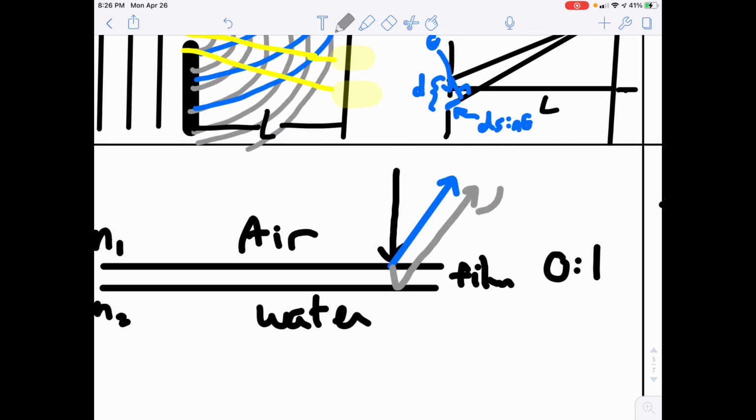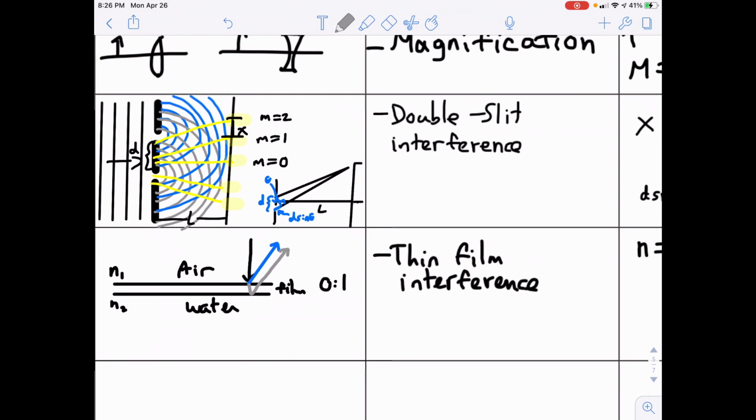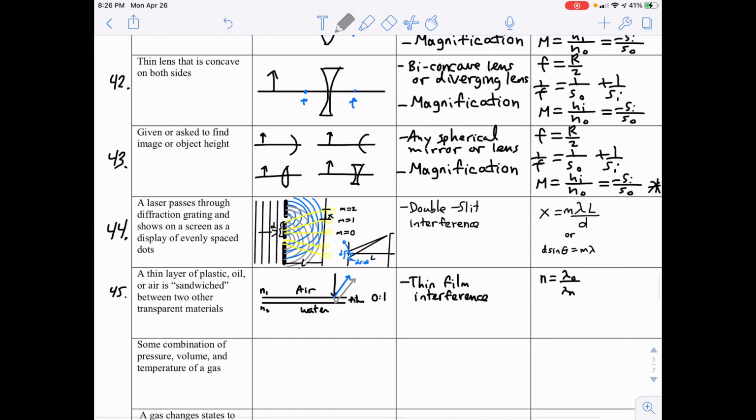Now, how these two match up with each other depends on whether you see a bright color or whether you see no color. You could see a bright color as part of a rainbow pattern on a thin film, or you could see absolutely no color at all. Again, this boils down to constructive and destructive interference.